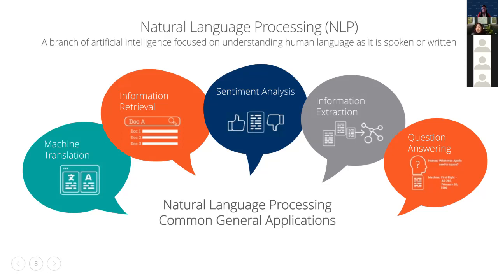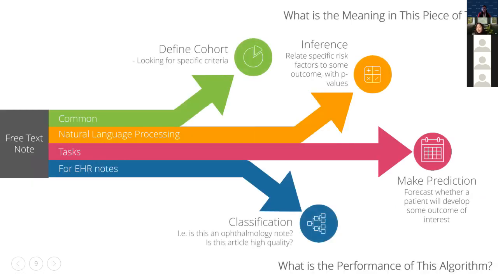And there are a lot of general and common applications of NLP, including information extraction, which I'll highlight, which is recognizing some discrete piece or types of information out of a longer unstructured document, but also a lot of other things like question answering or machine translation, things that we use every day nowadays, even on our phones. But those are some general ways that natural language processing is used.